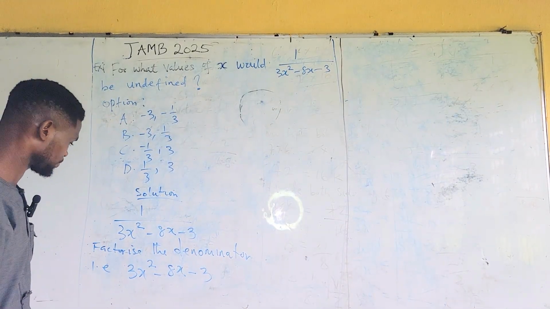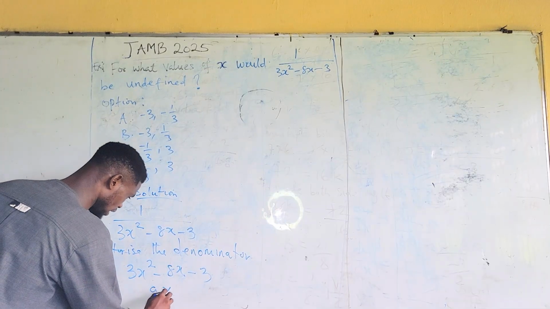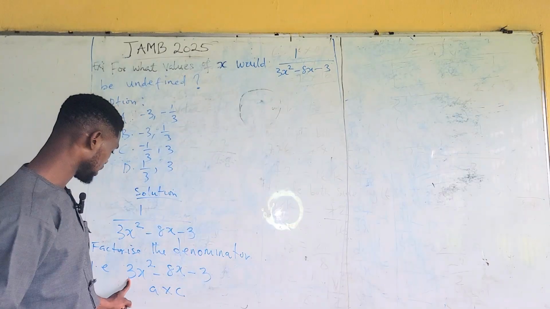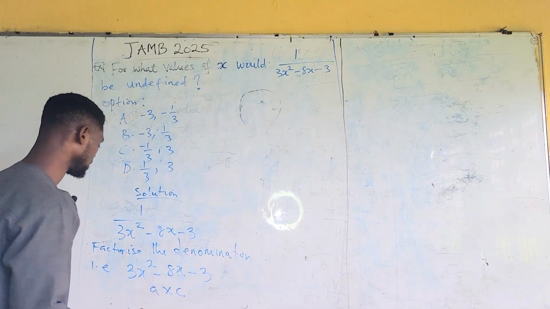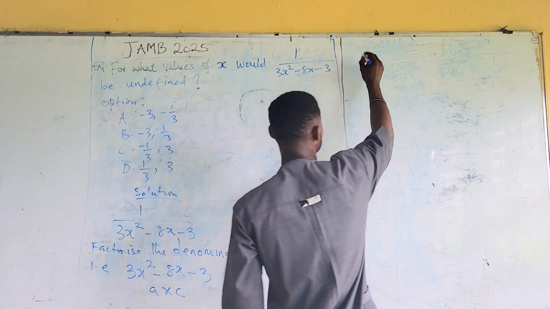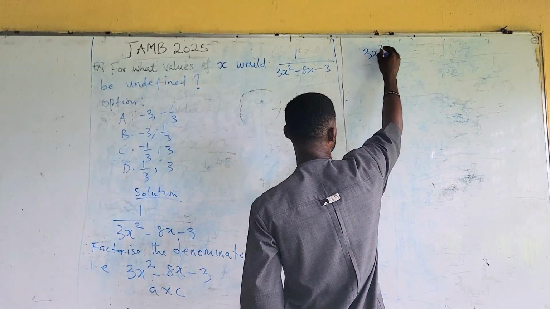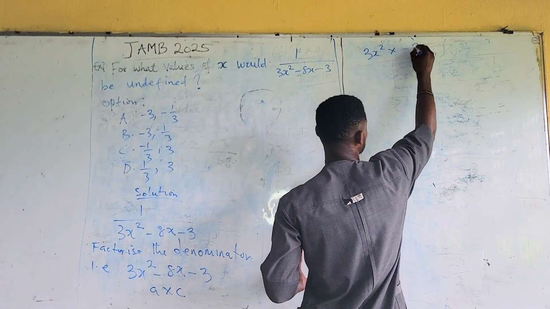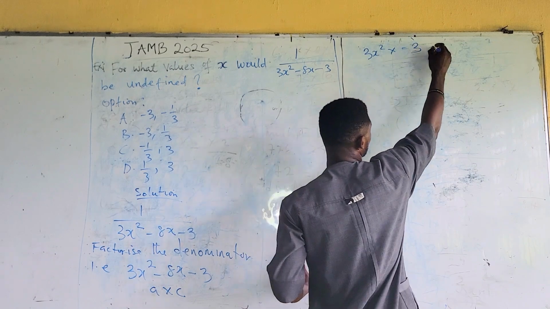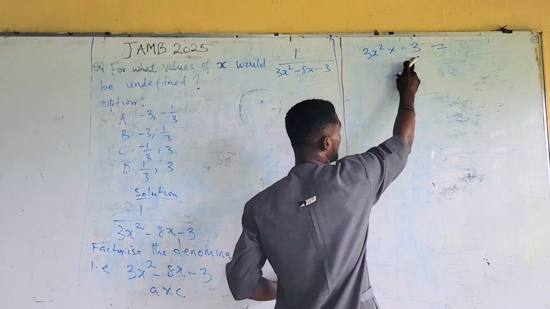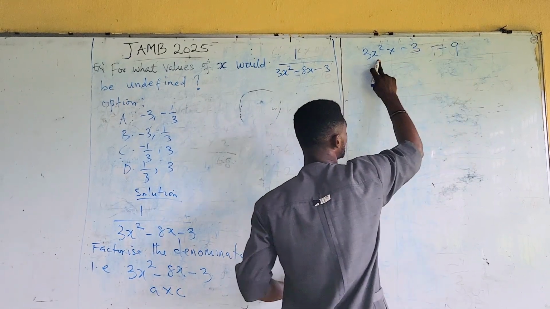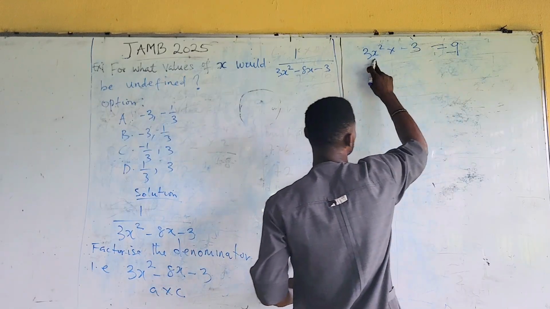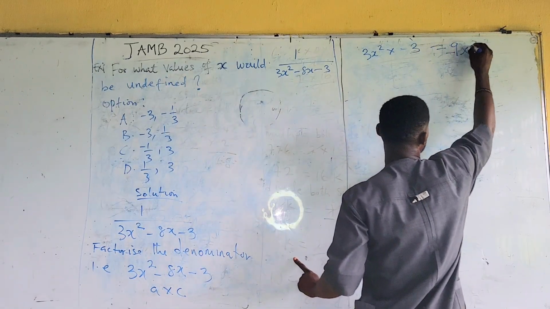Factorize this by trial and error. If you have a times c, this is a, this is b, this is c. That is 3x squared times minus 3. If you multiply it, 3 times 3 is 9, so you have minus 9x squared.